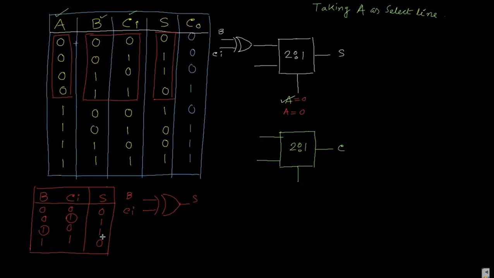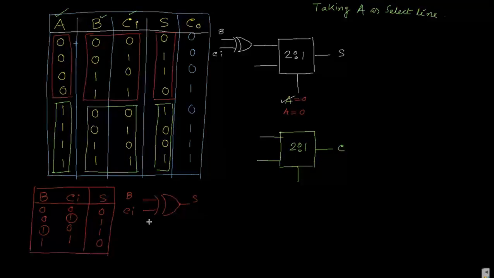Now when A is 1, that means in these last 4 cases, consider B and Ci as input and S as output. So write down B and Ci. Here I can write it in green color.